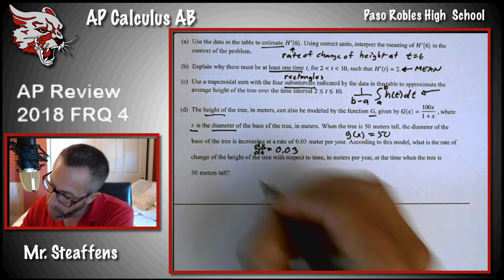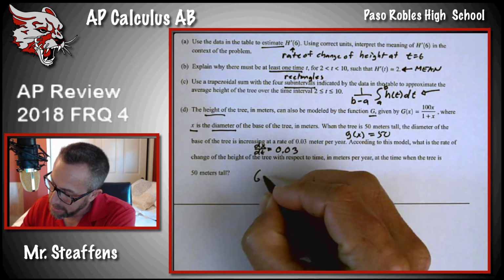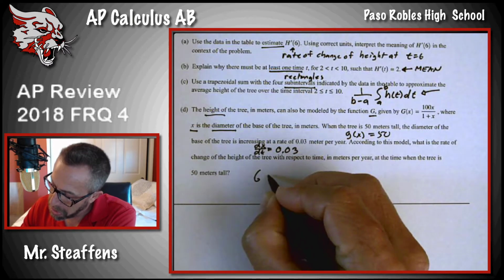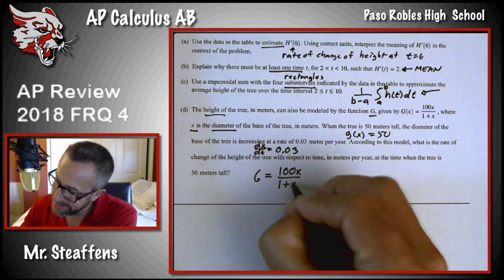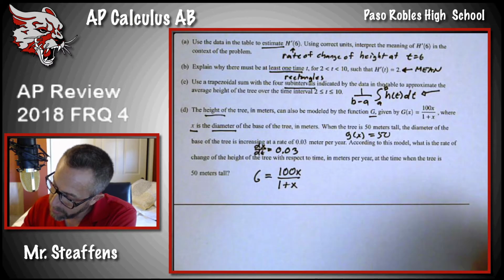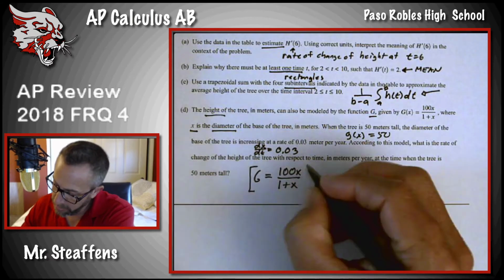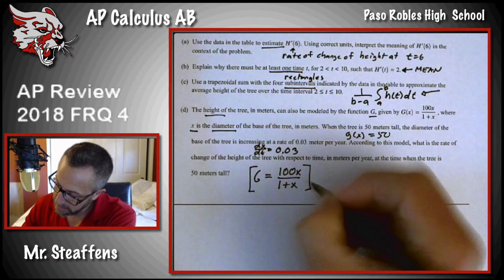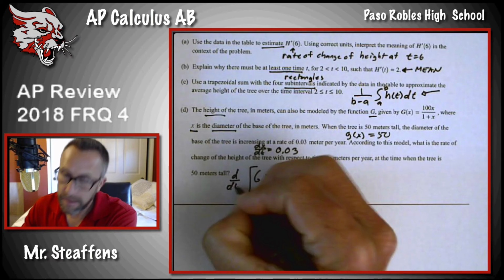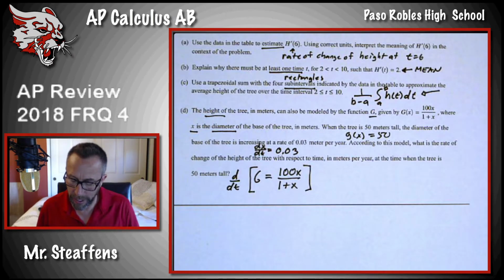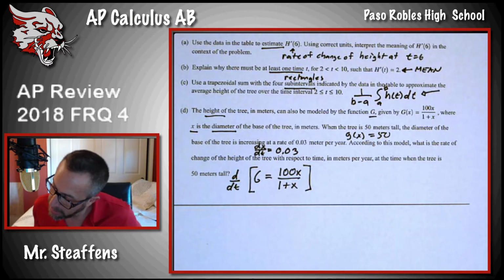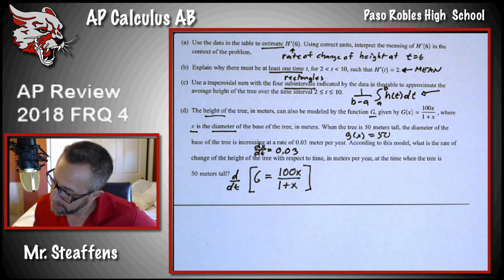So if I have an equation like this, g is 100x over 1 plus x, I am going to have to take the derivative with respect to t of this entire equation, and I am going to get a bunch of information. And my question is, what am I looking for?